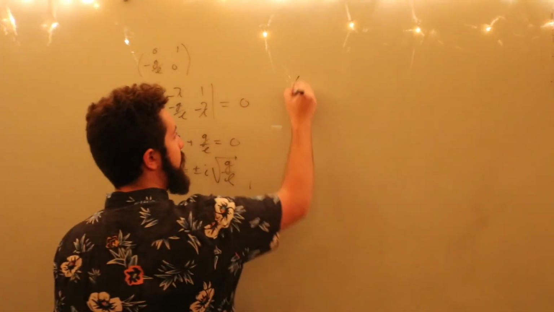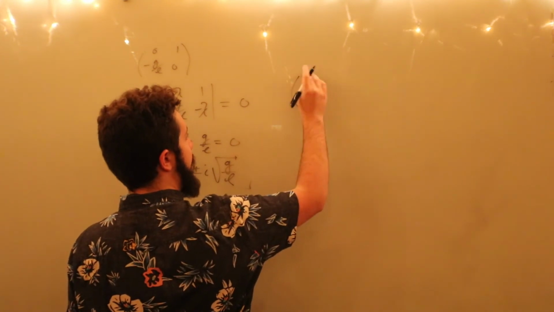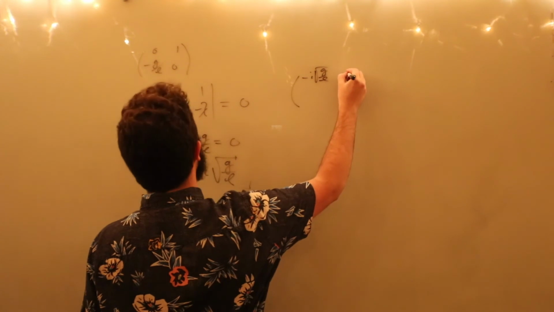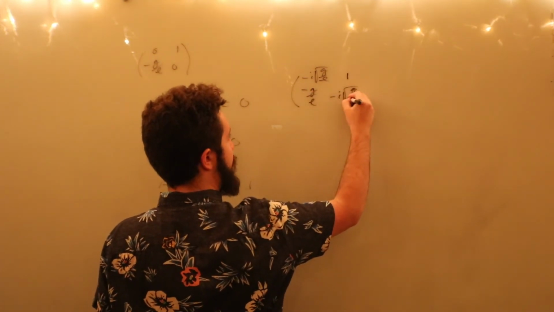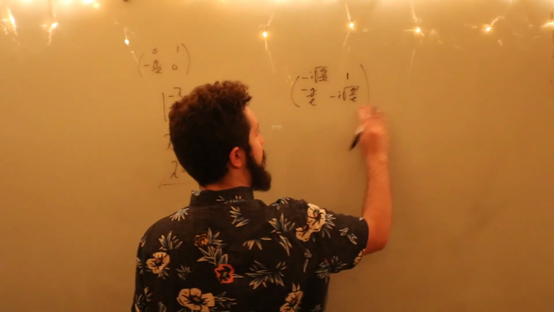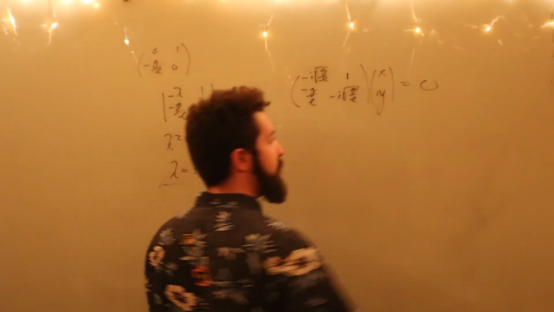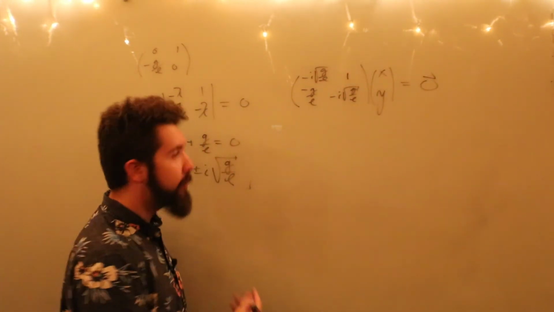All right, so if we plug in the positive eigenvalue, we get [minus i root g over L, 1; negative g over L, minus i root g over L] times x, y equal to 0. This is the 0 vector, rather.